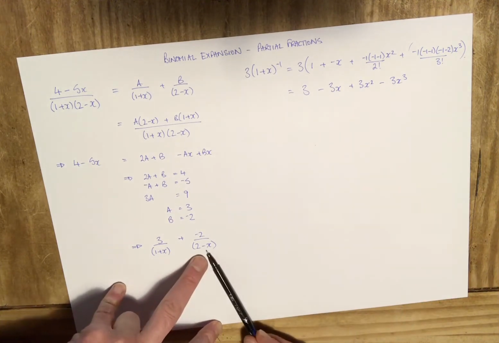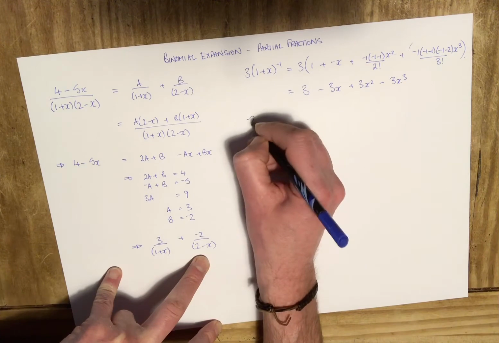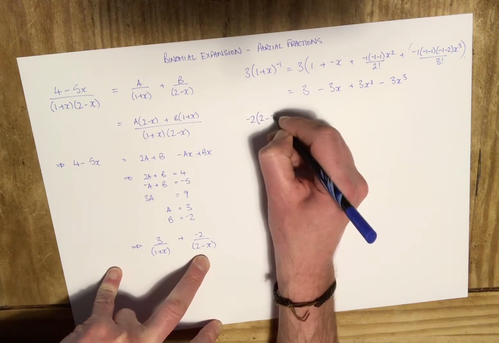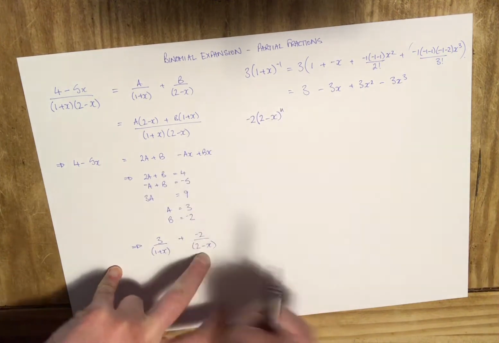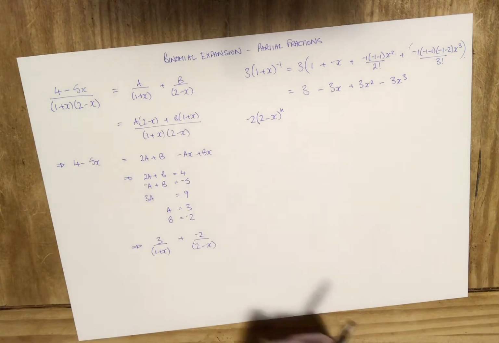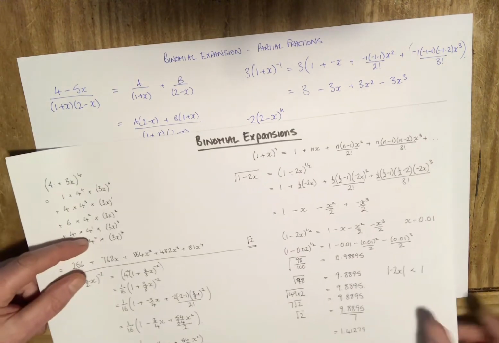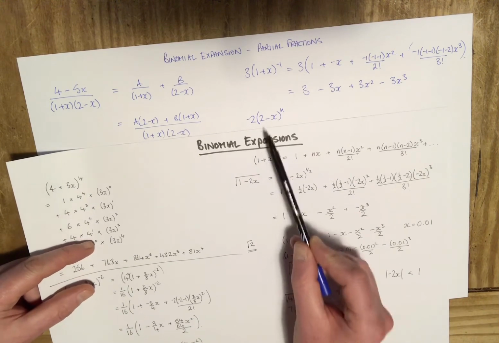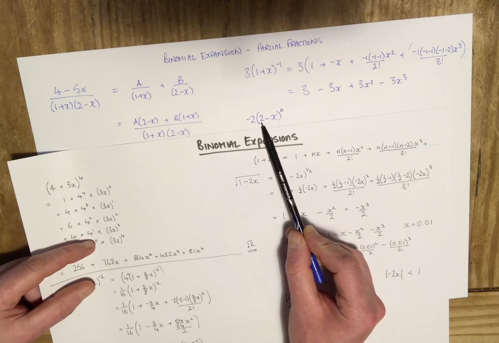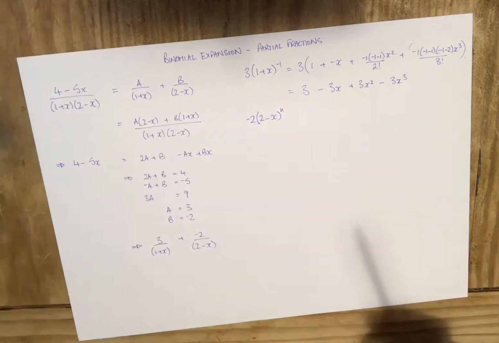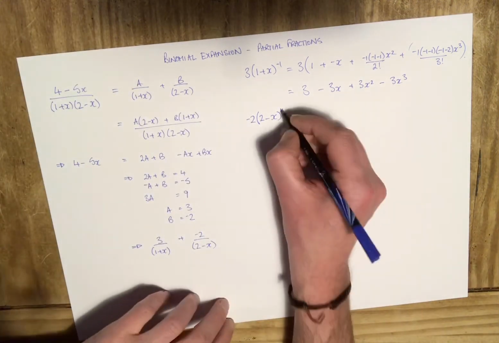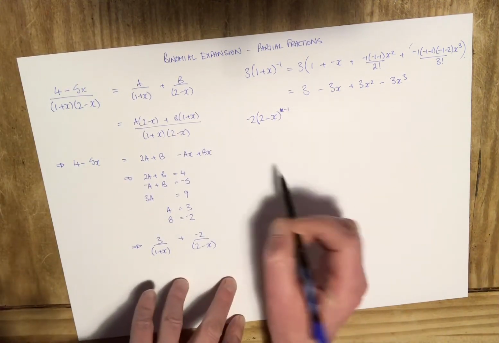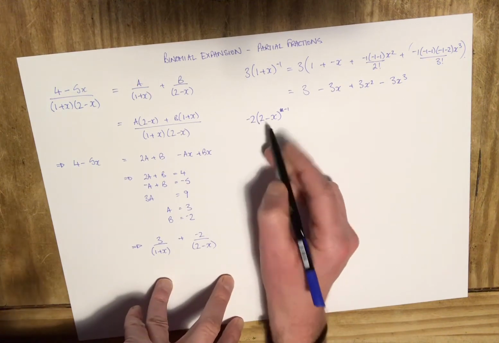I'm now going to do this one. Minus 2 times 2 minus x to the n. Now if we go back to the formula, you'll see that this number has to be a 1. To get this to be a 1, I need to take a factor of 2 out. And this isn't an n at all, this is a minus 1. So I'm going to take this 2 out.